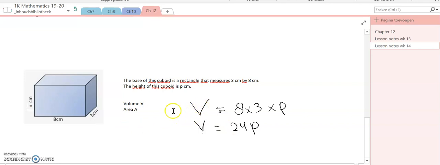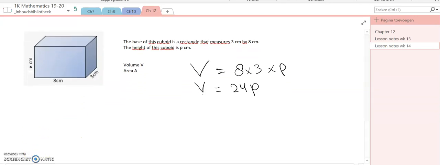You can also be asked to make a formula of the area of this cuboid, and then you need to calculate all the rectangles of this cuboid and add them together. We have 2 of these rectangles of p by 8.